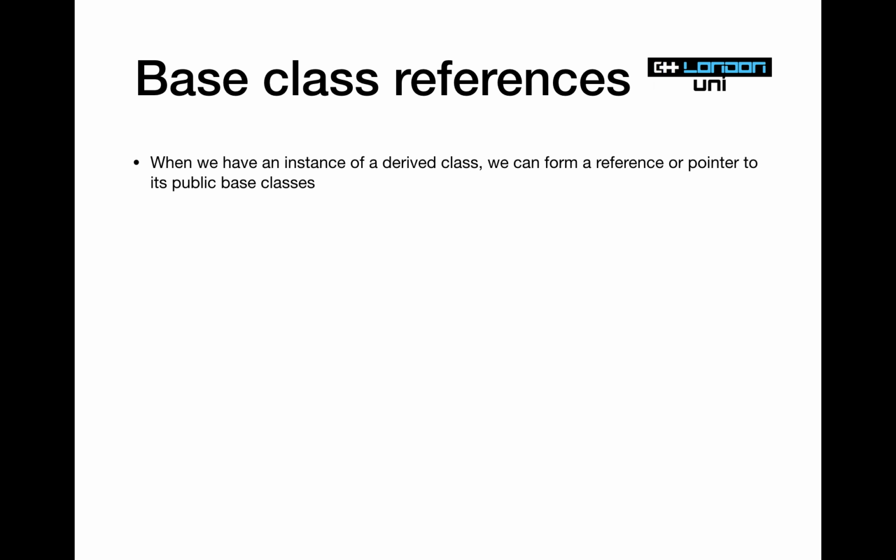If we have an instance of a derived class, we can form a pointer, or forget about pointers, we can form a reference to its base class subobject. So the way to think about it is in this little diagram again.